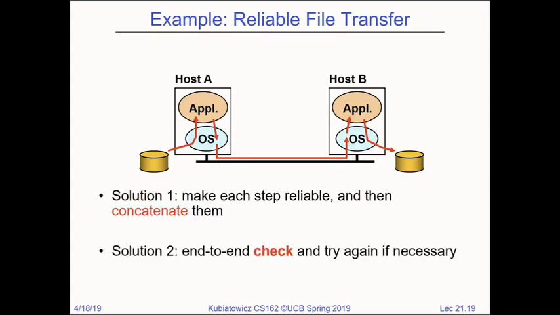So solution number 2 is you have an end-to-end check and try again if necessary. Basically, after it goes all the way through, you do a checksum, and you send it back. The checksum is checked, and if it's wrong, then you do a retransmit.